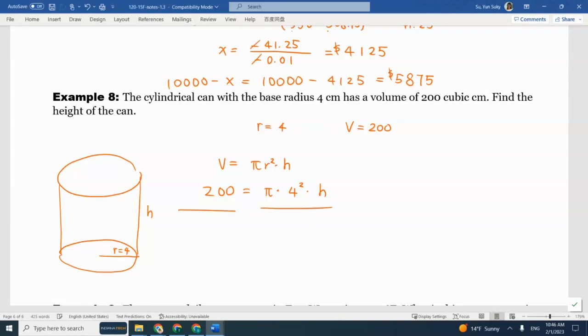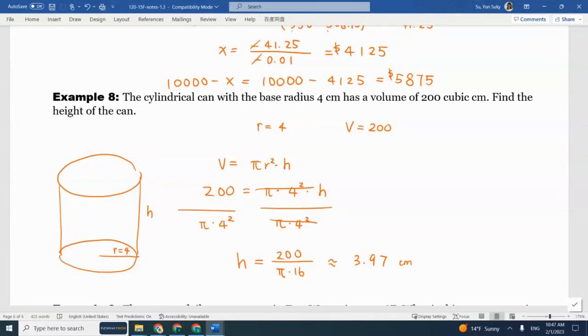So both sides divided by what? Pi and 4 squared. Right, everybody? Okay, so plug in your calculator. What's 200 divided by pi and 4 squared? What's 4 squared? 16, yes. 3.97, great, centimeters.